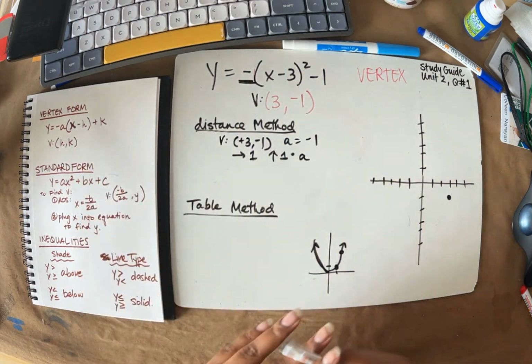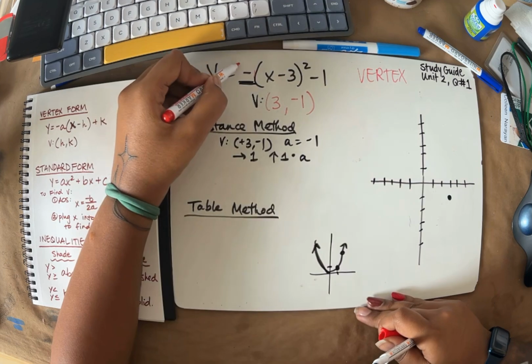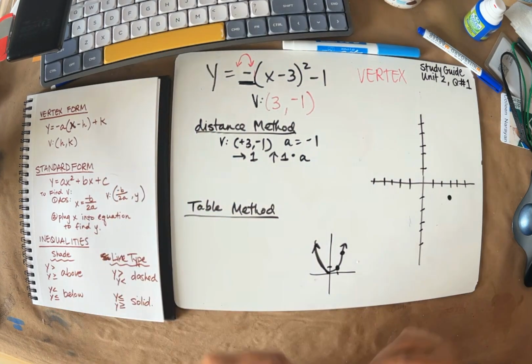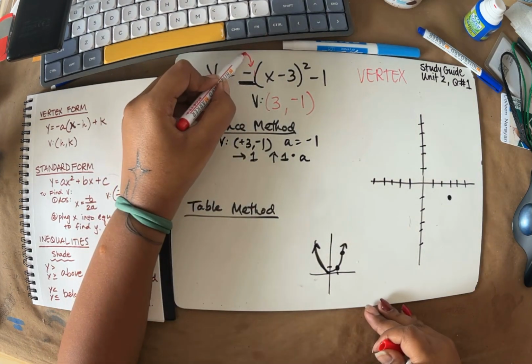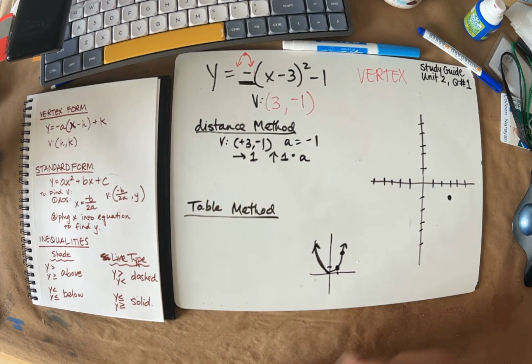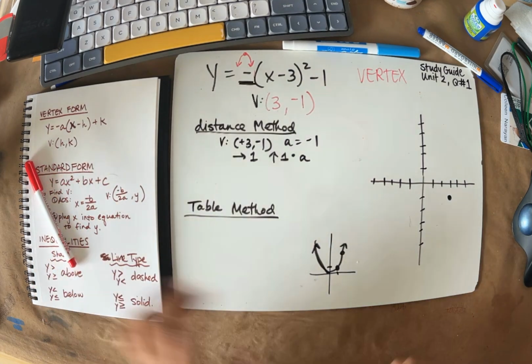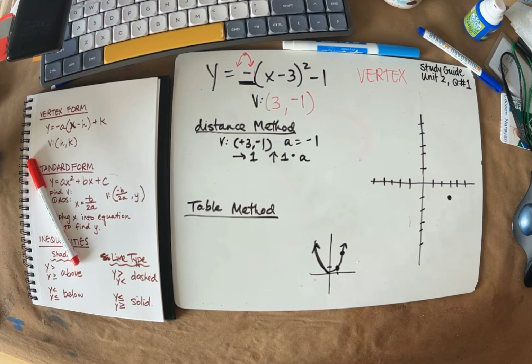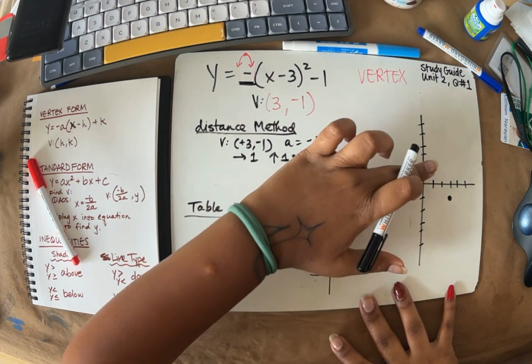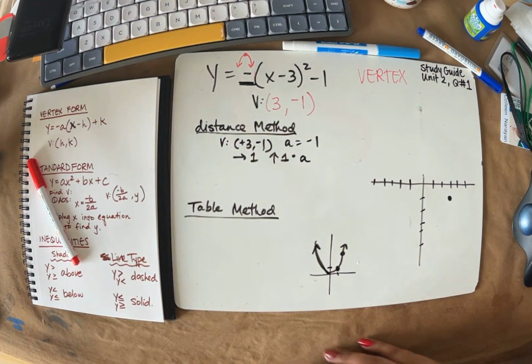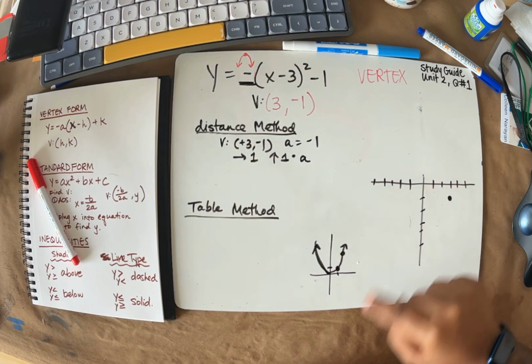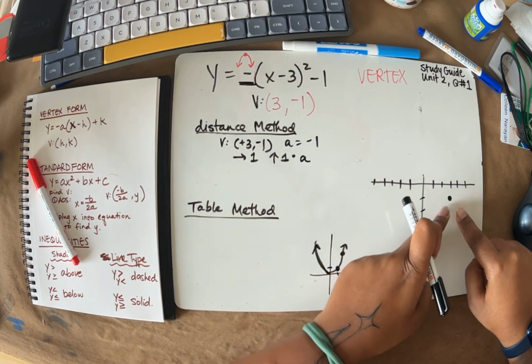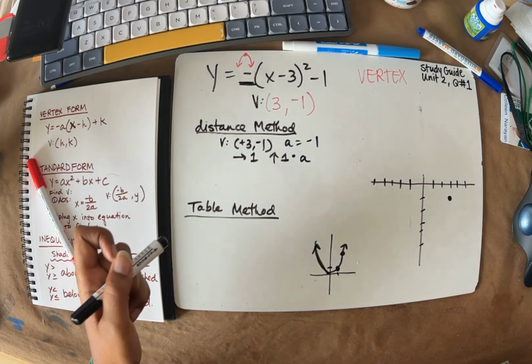Also, this negative means that I'm going to have a graph that is going downward instead of upward. I know that it's going to be reflected on my x-axis. So this vertex point is going to be a maximum point. Since it's a maximum, I don't need the rest of my graph because this is as high as my y values will go. Everything else will be going downward.